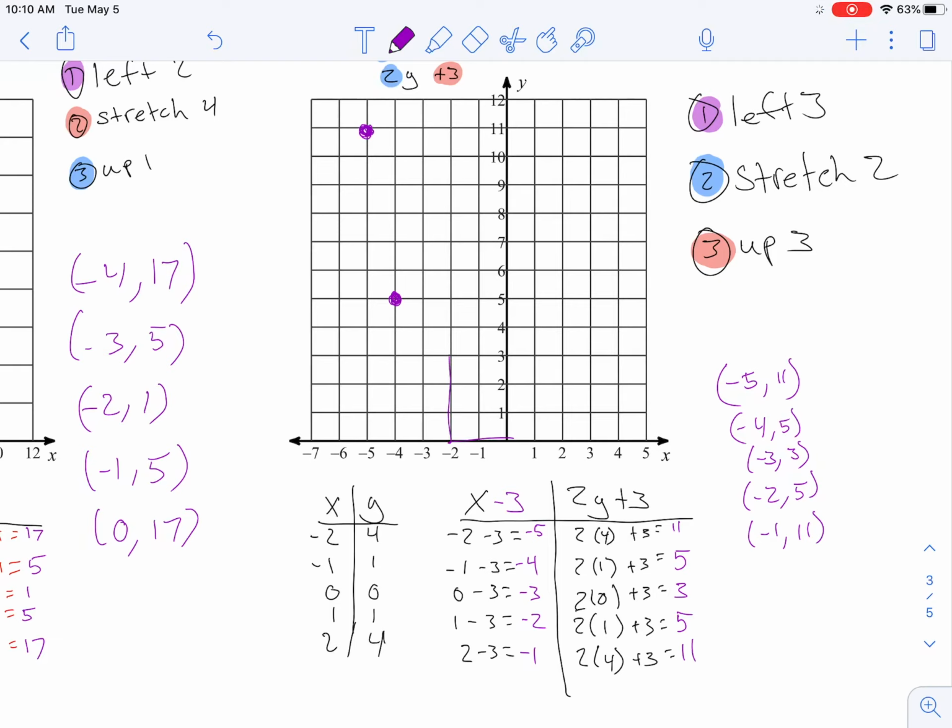Negative 2, sorry, no, I skipped that one. Let me go in order. Negative 3, 3, so negative 3, 3 right here. Negative 2, 5. And negative 1, 11.